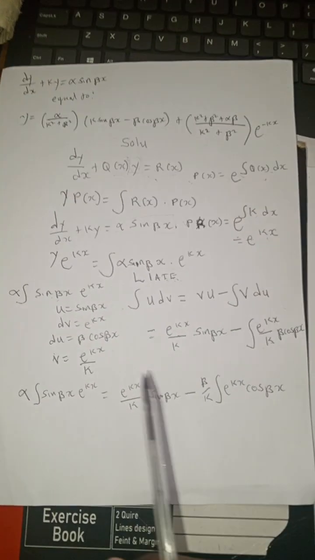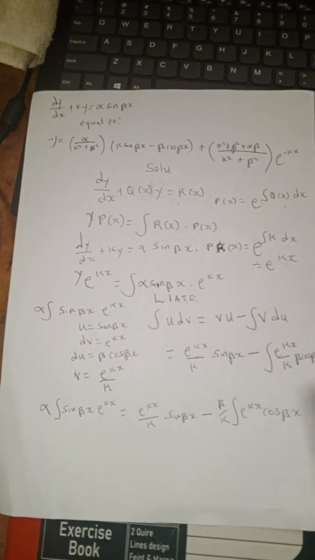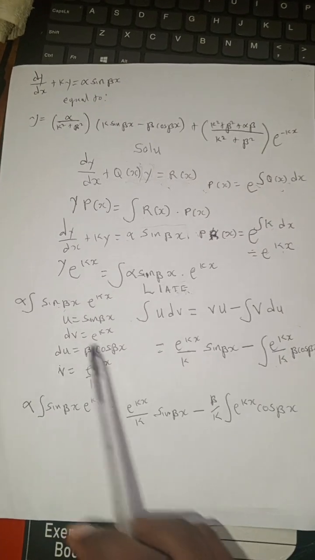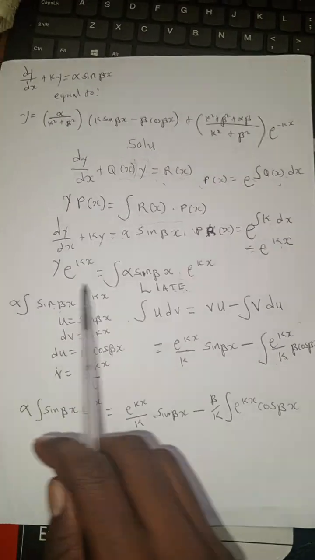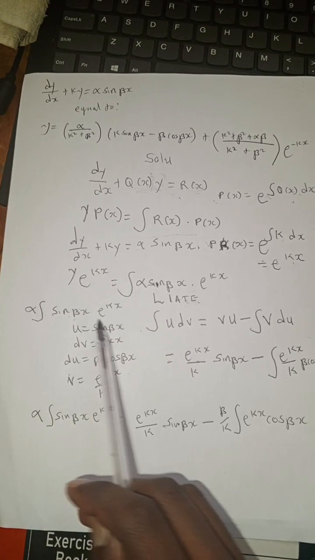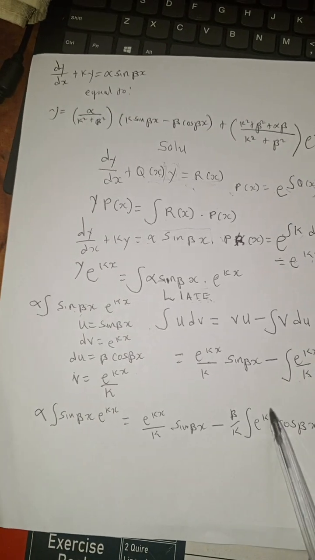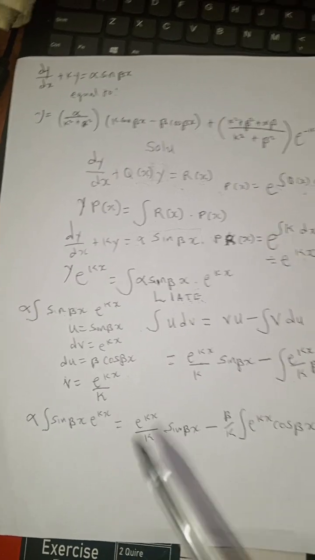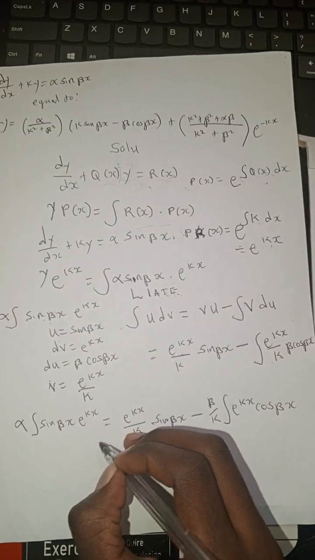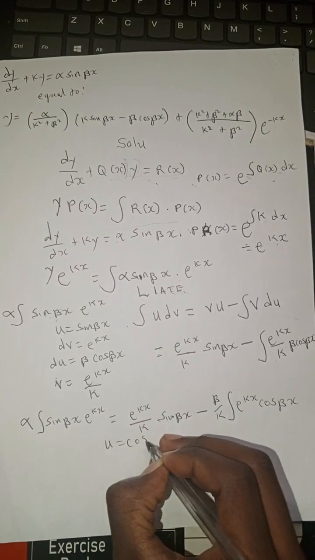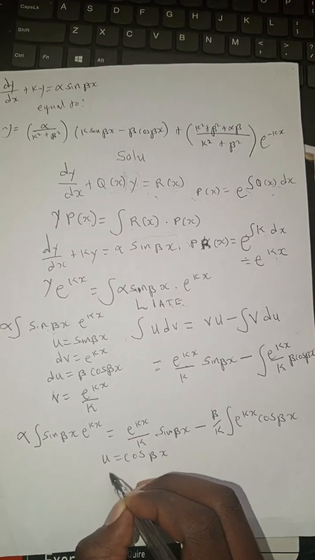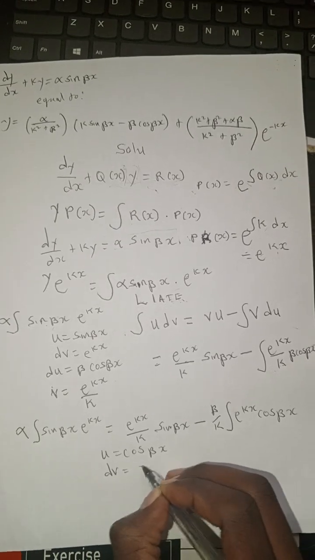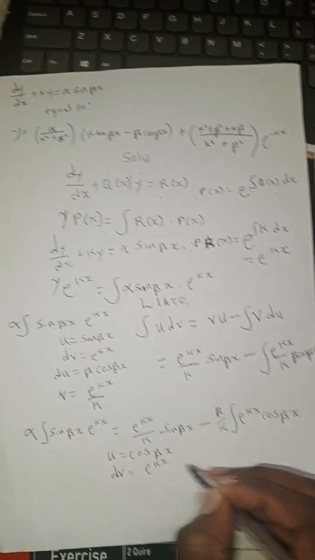Now if you look at this, it has taken us to a scenario which is like this. Now which one will be our u? Already we know that this is a trigonometric function, so it will be our u. This will be our dv. So again we do the process. If our u is equal to cos beta x, our dv is equal to e^kx.